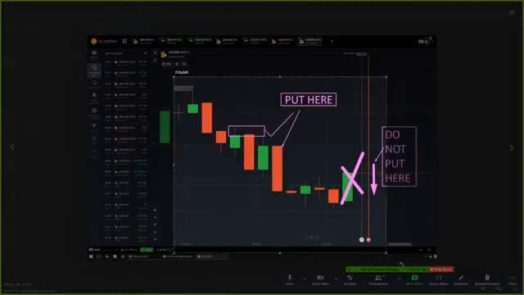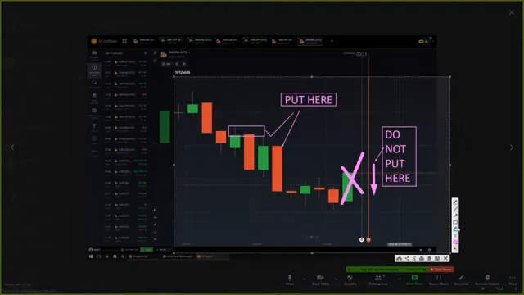So now you can see this green one failed to break the extreme, failed to close price, failed to break the extreme of the red, and then you have engulfing. So this is a very good level, you can enter here.